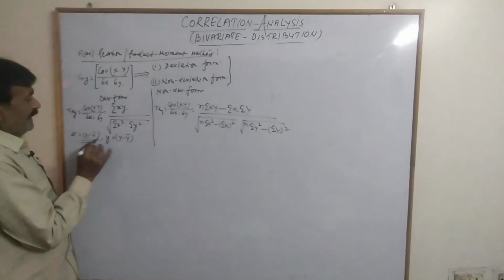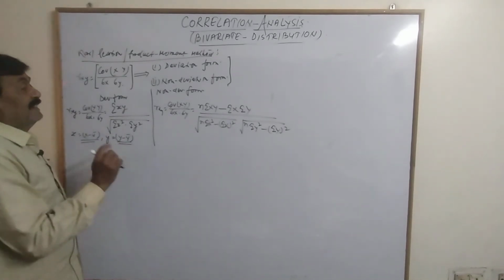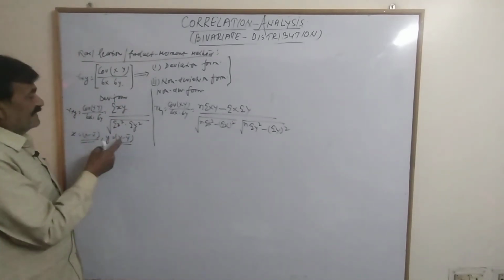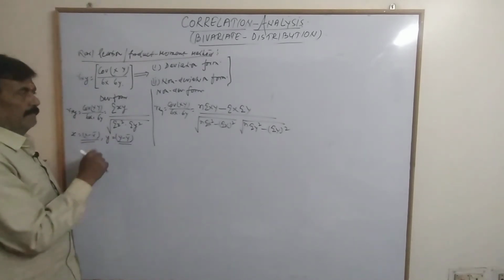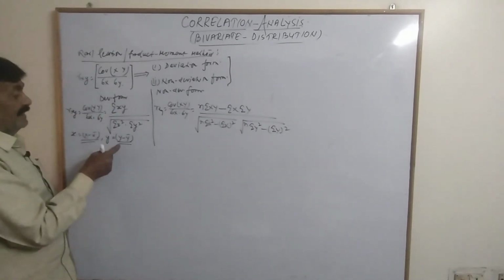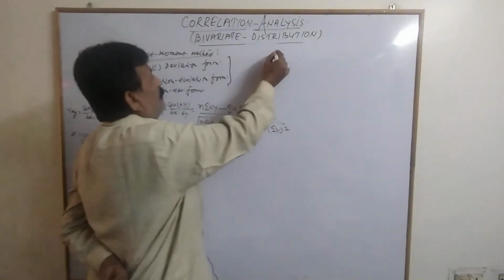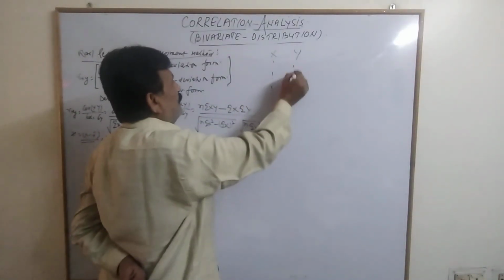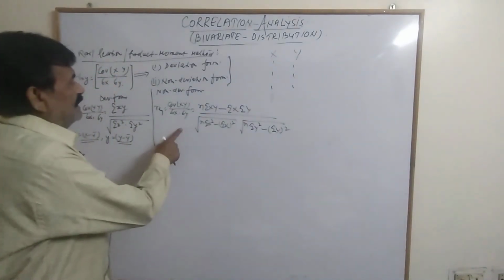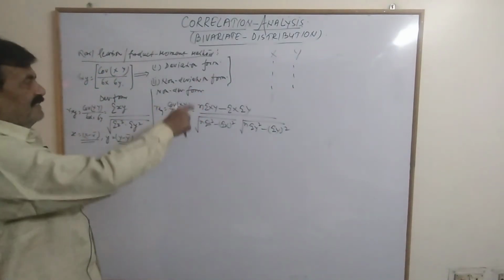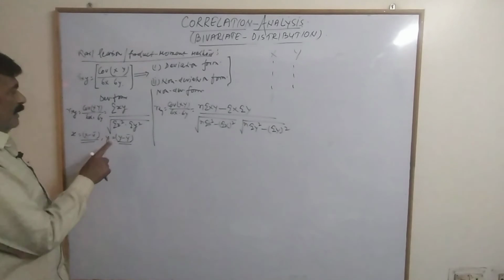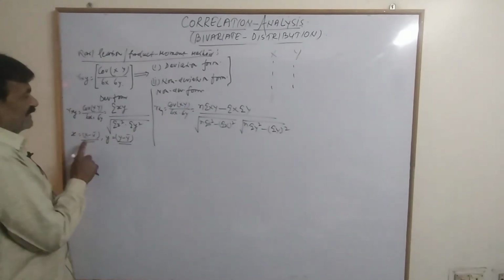So small x and small y are the deviations of original x and y from their own mean. Capital, because the data would be given in this way, capital X and capital Y. So in the non-deviation form, we use the original x and y, and in the deviation form, we use a smaller x and a smaller y.